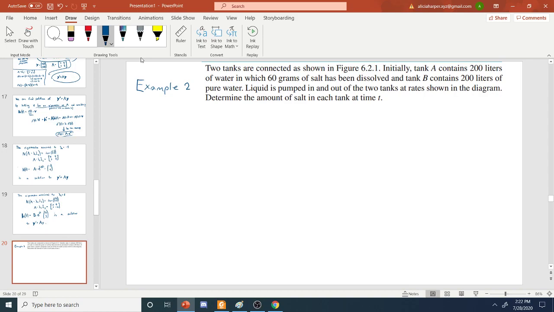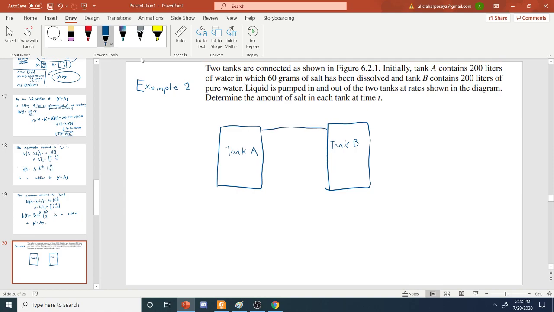So suppose we have 2 tanks, tank A, and we have tank B. What we're going to do is suppose that tank B has a pump leading into tank A. So the pump goes in this direction.